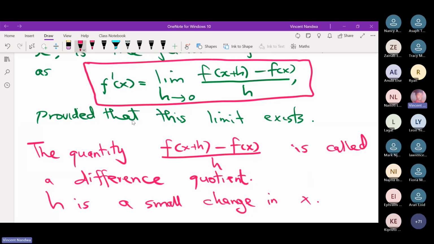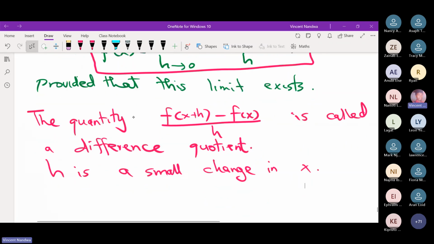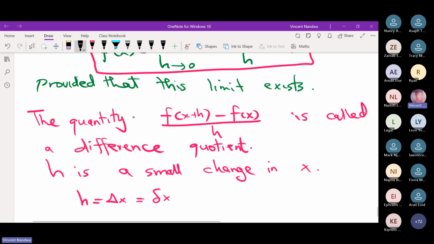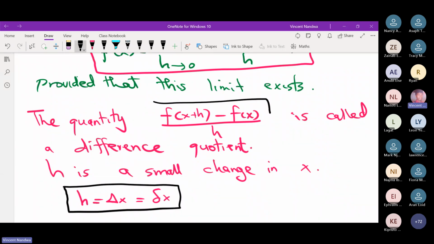Sometimes h can be written as delta x, so this is how we sometimes write h, the small change in x.